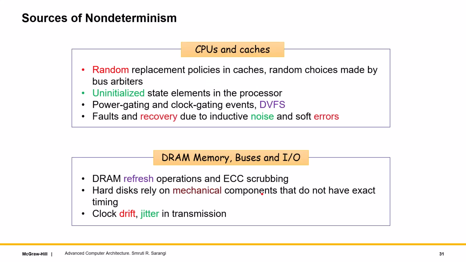So let's look at some of the things that keep changing, because I've been deliberately vague in the previous slide, but let me now remove some of the clutter and tell you what I have broadly been referring to. So we have random replacement policies in caches, right? In many caches, we say choose a line at random from a set and throw it out.